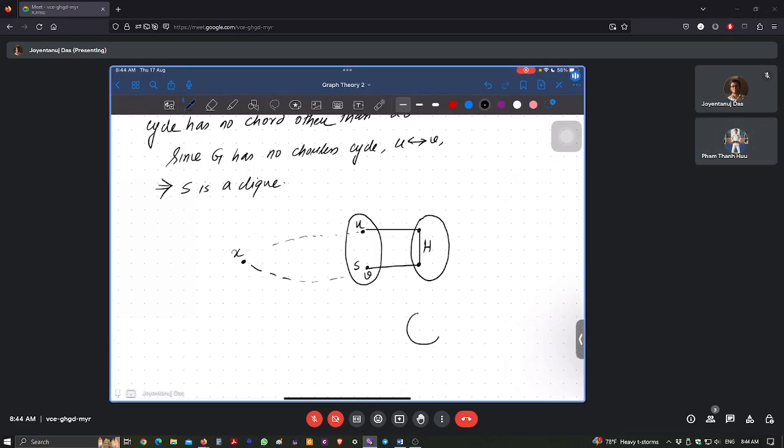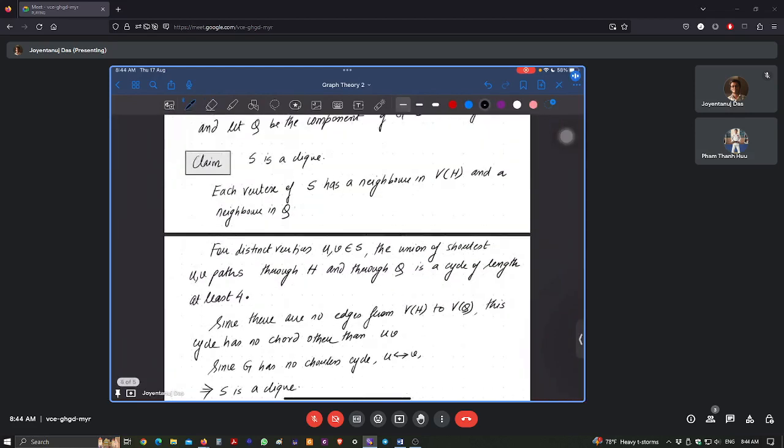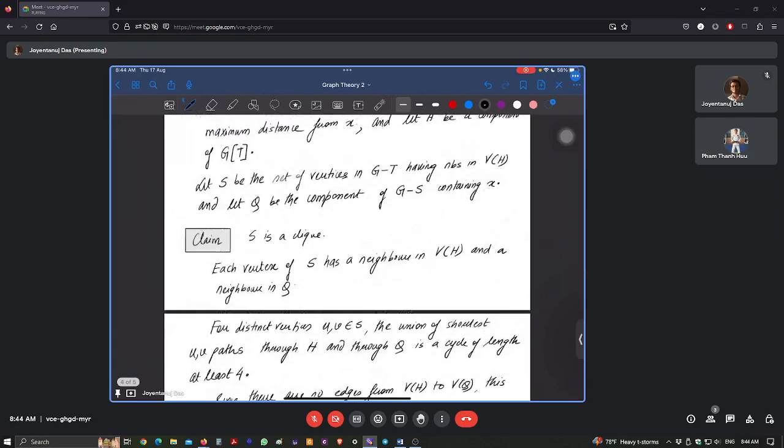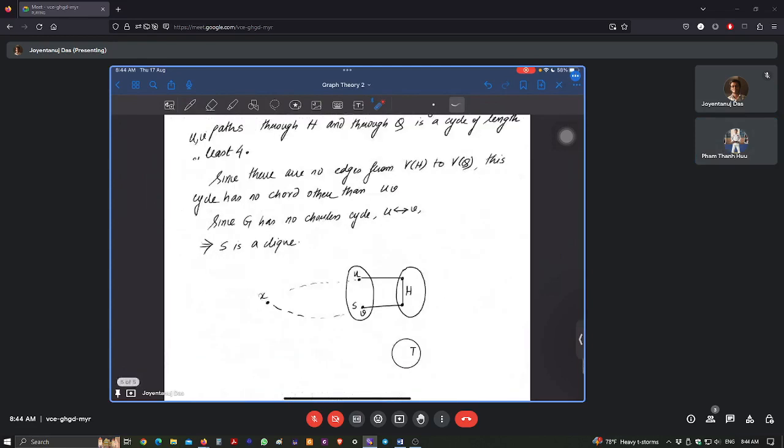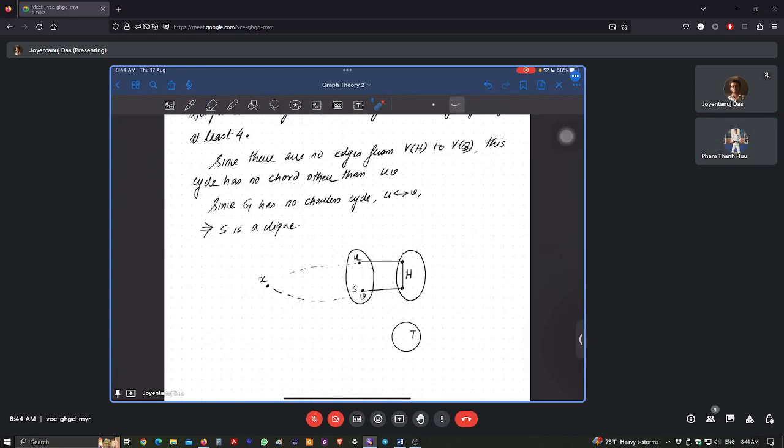And here is the set T, where T is the collection of all vertices farthest from X, that is, the set of vertices at maximum distance from X. And H is a component of G[T], so that is fine. So S is a clique, we have proved.